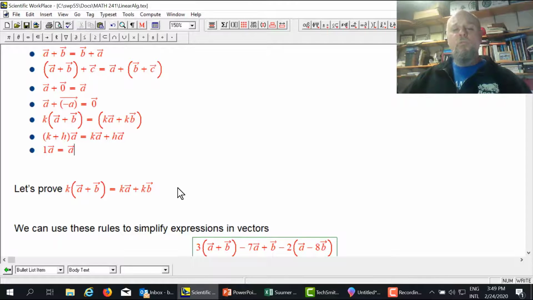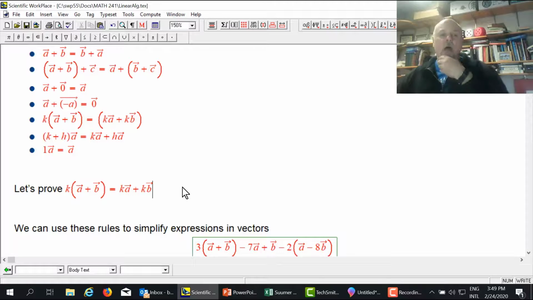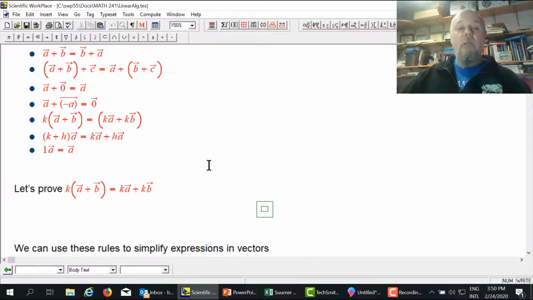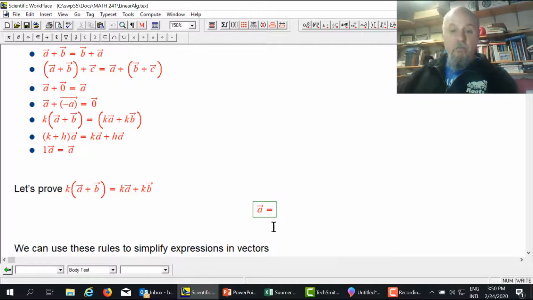Let's prove one of these rules. And by prove, I'm going to pick a dimension to prove this in, because it's going to be more of a show, I guess, right now. Let's prove this in 2 dimensions. So in general, I'm going to call vector A in 2 dimensions, and write it out component-wise.